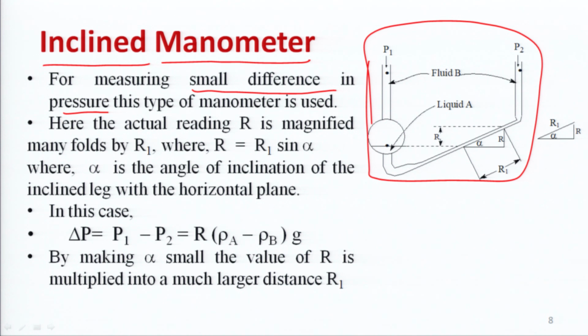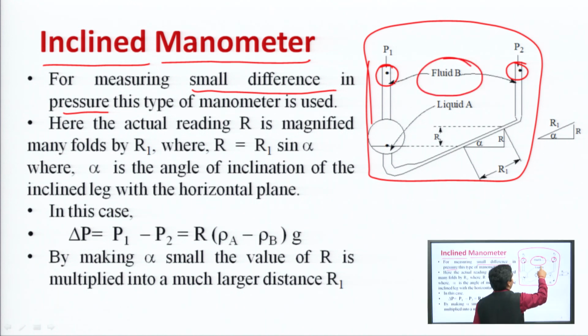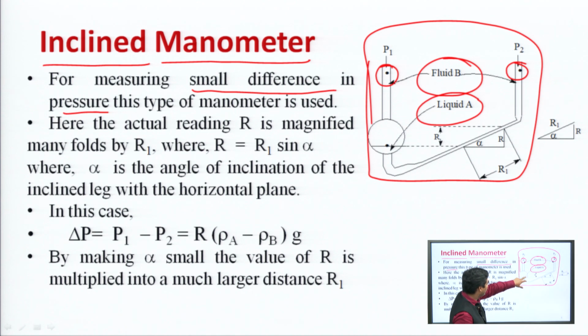So, at this point and this point, the pressure is P 1 and P 2 respectively due to this fluid A, and liquid B is filled in this round chamber.